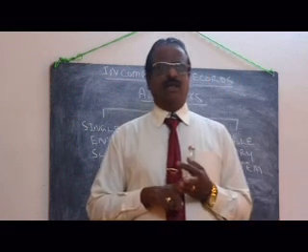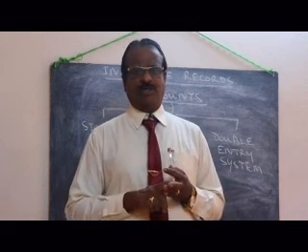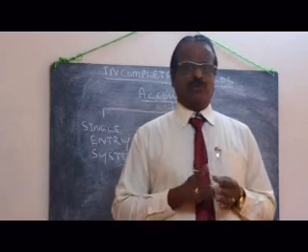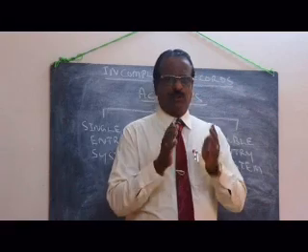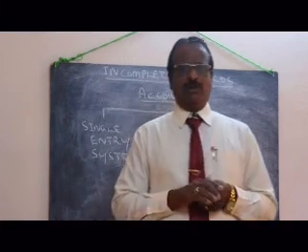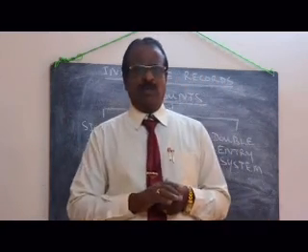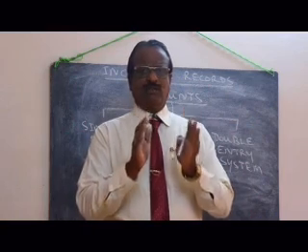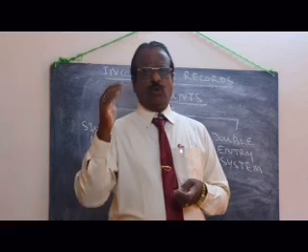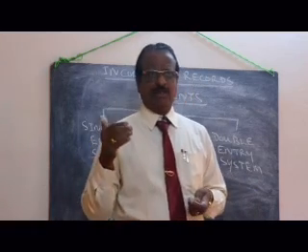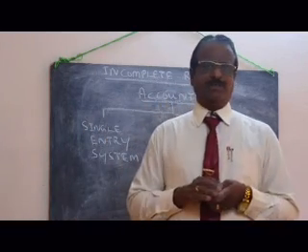The third one is lack of uniformity. In single entry system, there is no uniformity. They only want two items. One is opening capital, the other one is closing capital.